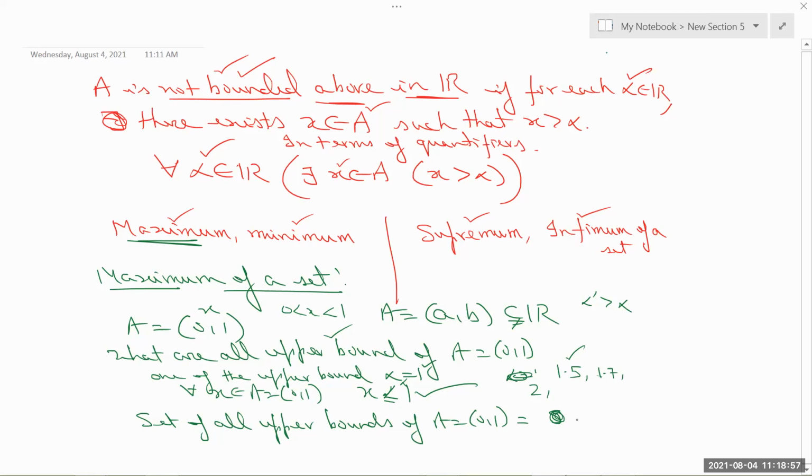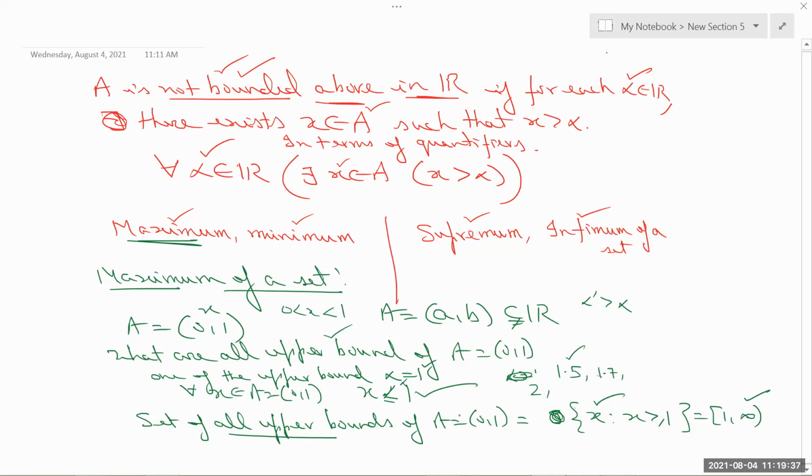The set of all upper bounds, you can write it as the collection of all those x such that x is greater than or equal to 1. 1 is also an upper bound, and so is 1.5, so it is 1 to infinity. Yes, these are all upper bounds. The set of all upper bounds. And infinity will be in an open bracket, because it goes up to infinity. Yes, it is written open here. Any doubts?